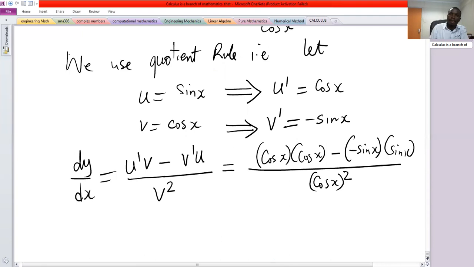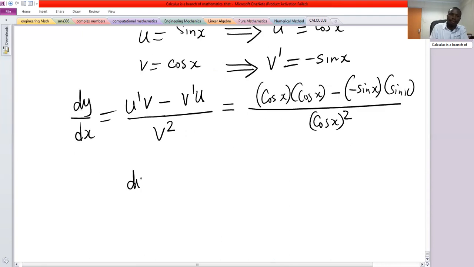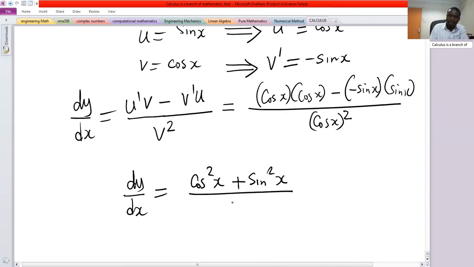So dy dx is given by cos times cos, which is cos squared x, minus minus is plus, so sine squared x, over cos squared x.